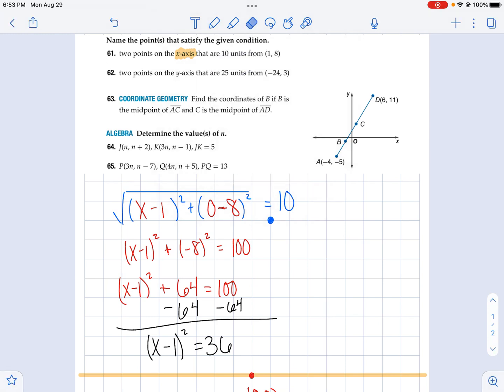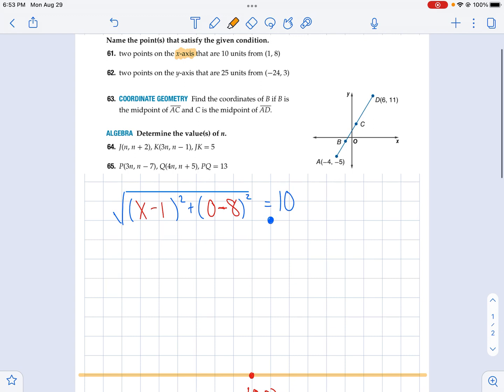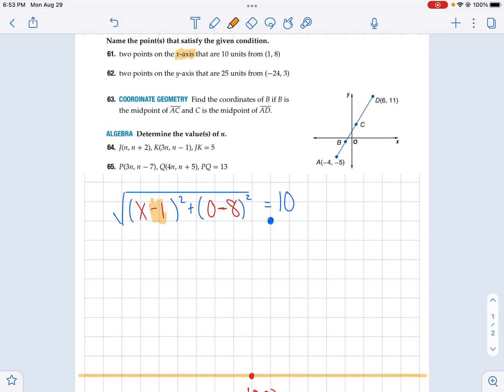First thing I did, I just substituted in my known x and y from the given point that I want to be 10 units away from. I guess I didn't really substitute, but it's there in the formula.